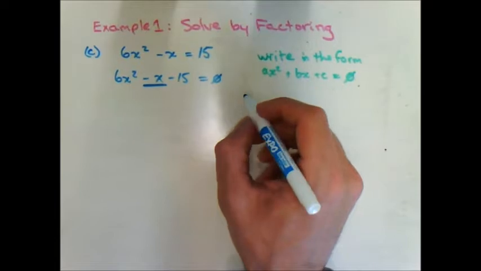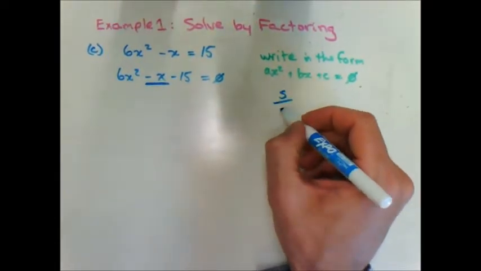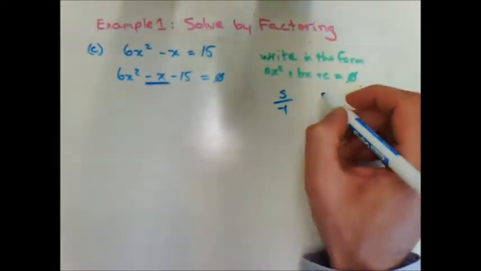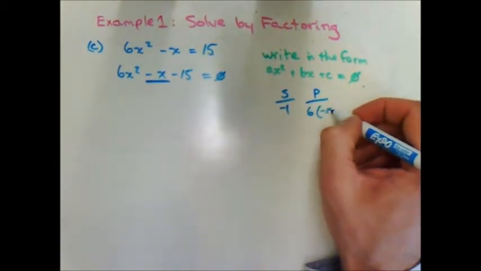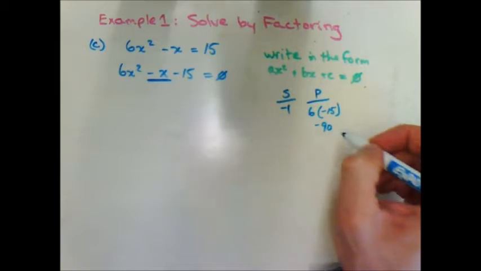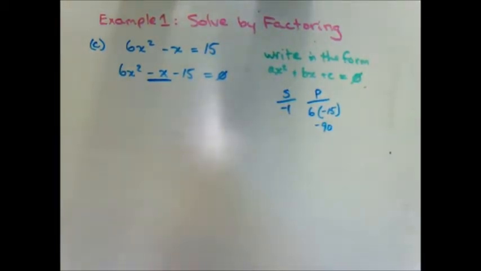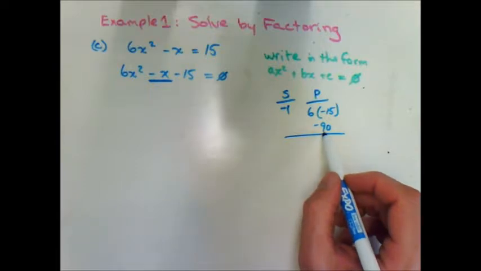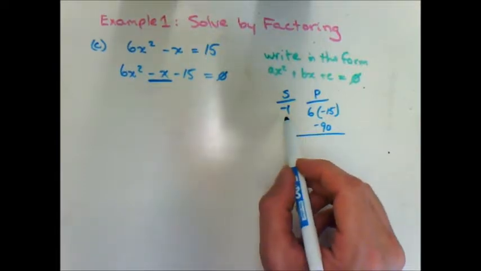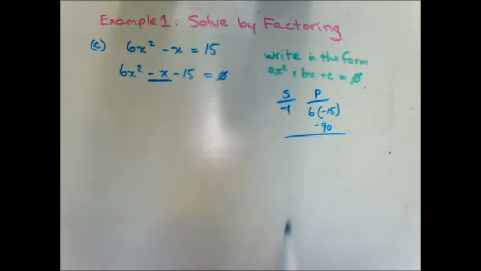Alright, so we've got our sum and our product. We've got a sum of -1, and we have a product of 6 times -15, which is -90. Okay, so we're looking for two factors of -90 that add to -1.